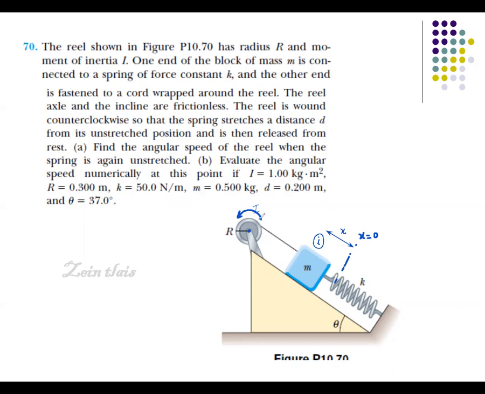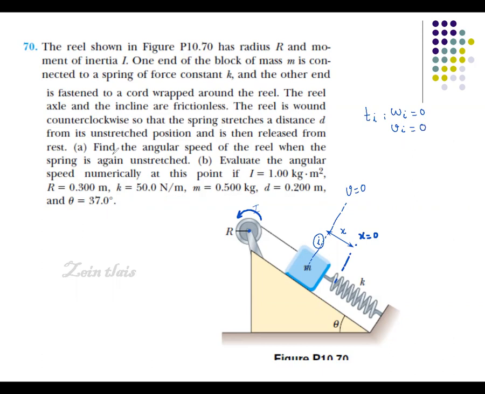Now I release the system without initial velocity. Here at this point we have v equals to 0 and the initial velocity of the pulley equal to 0. So at time t initial we have omega initial of the pulley equals to 0 and v initial of the block equals to 0.